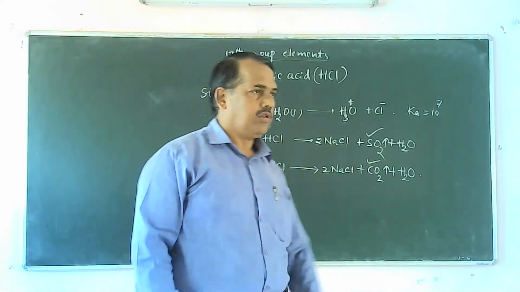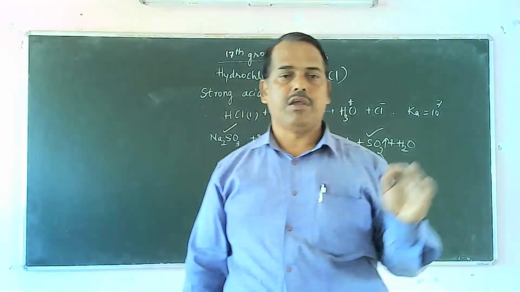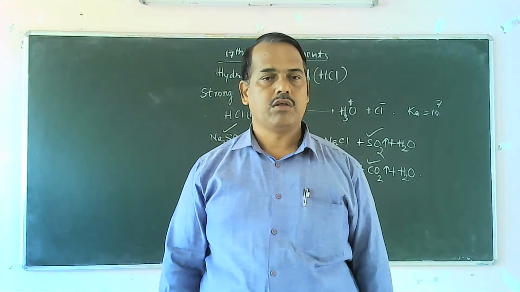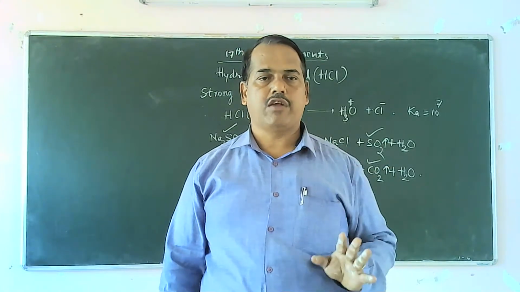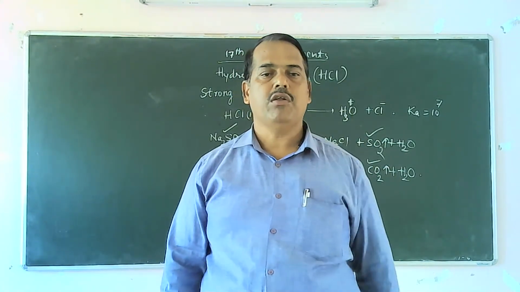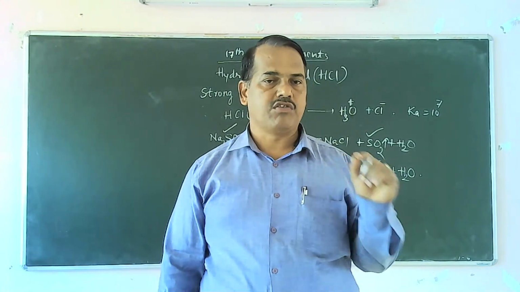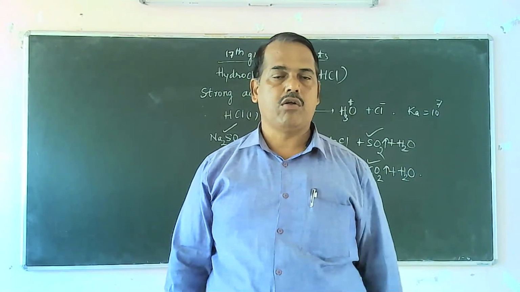These are the chemical reactions you have to study. Are you clear? Only very few chemical reactions are there, and only one preparation. So that completes our study of hydrochloric acid.